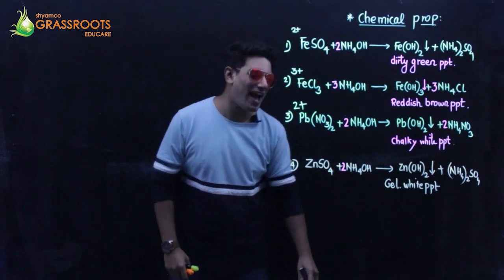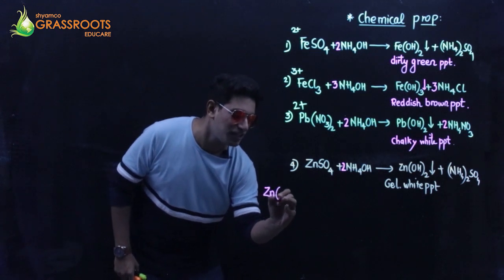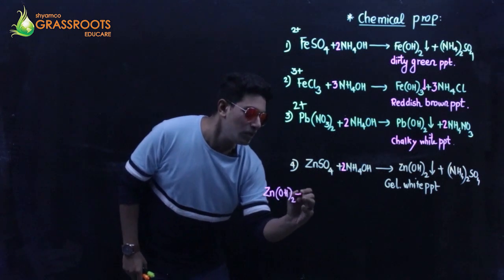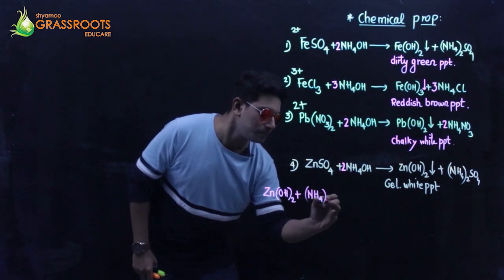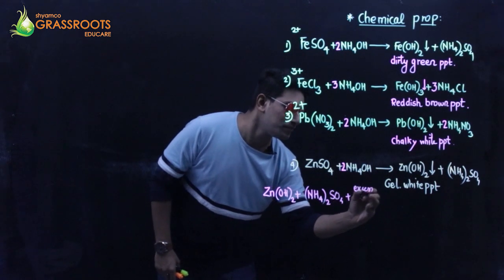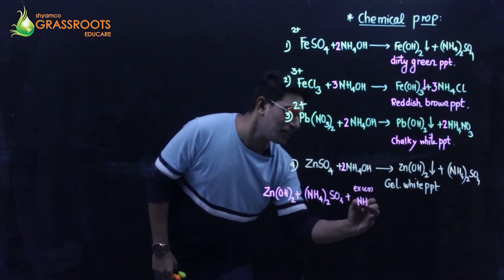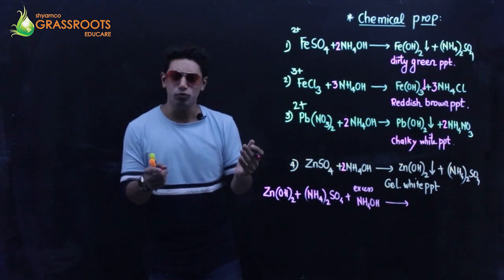It's a 2-step reaction. So, in the test tube, we already have zinc hydroxide and ammonium sulfate. Now, I add excess of ammonia solution, that is NH4OH. I get a complex salt with water.